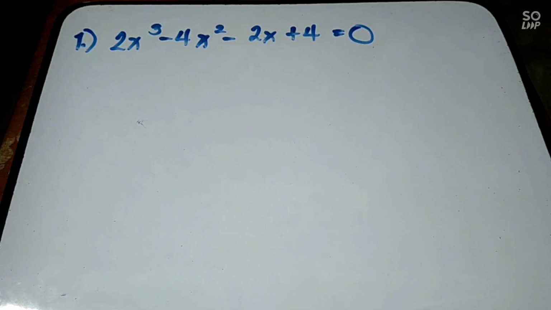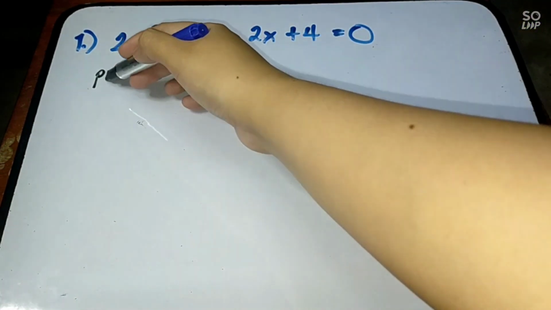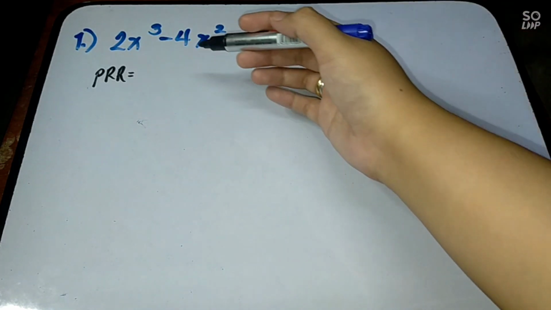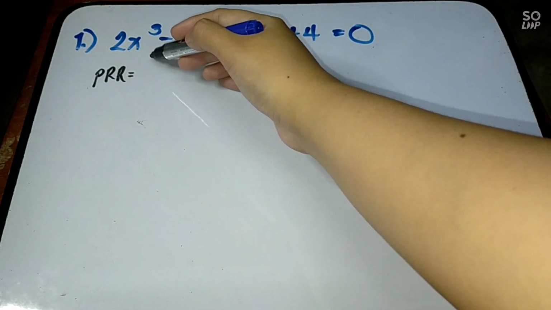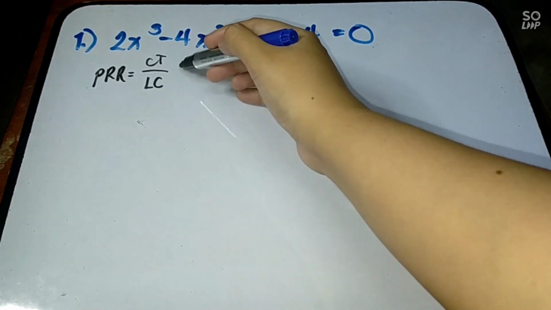Example number 1. 2x cubed minus 4x squared minus 2x plus 4 is equals to 0. First step, we are going to find for the possible real roots or the PRR. For us to find the possible real roots, we have the factors of the constant term over the factors of the leading coefficient.